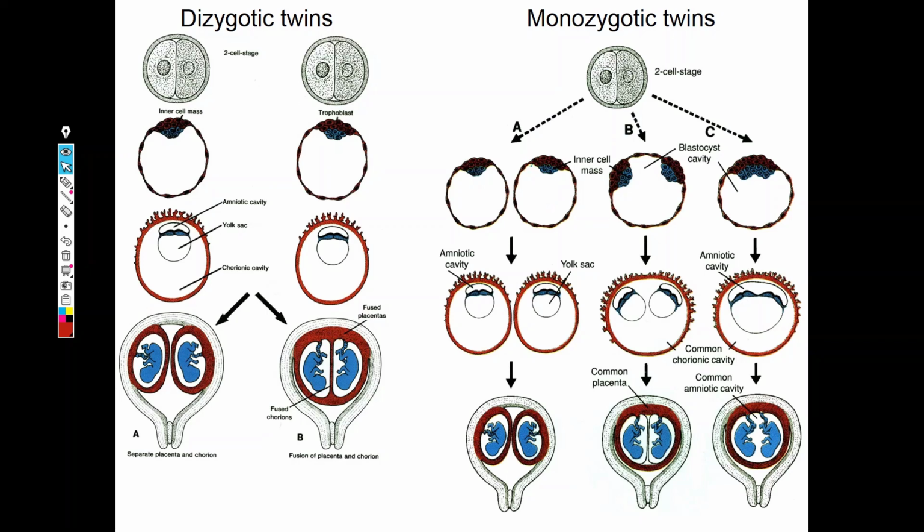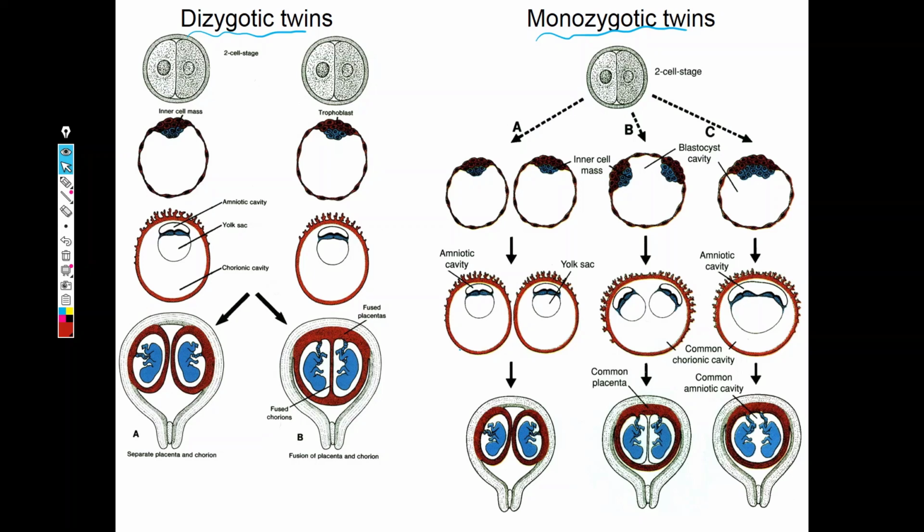The last important thing I want to talk about is twins, and we distinguish dizygotic twins right here and monozygotic twins right here. For dizygotic twins, you have two eggs that are fertilized by two sperms. So we have two embryos developing together in one uterus, and there are only two situations that can happen.